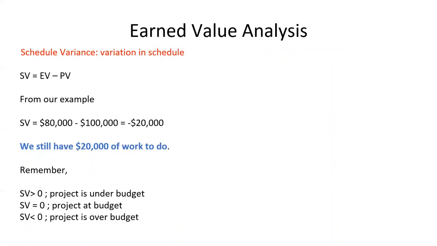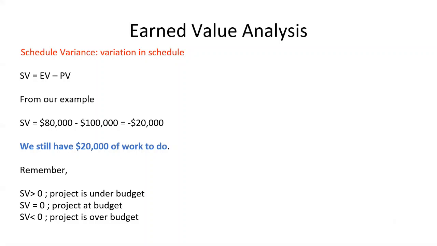Similarly, you can use other formulas to calculate the schedule of the project. In this case, by the end of 8 weeks, we were supposed to build 10 cars, but instead, we only built 8 cars.